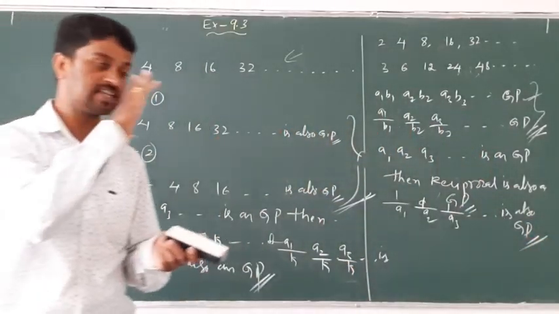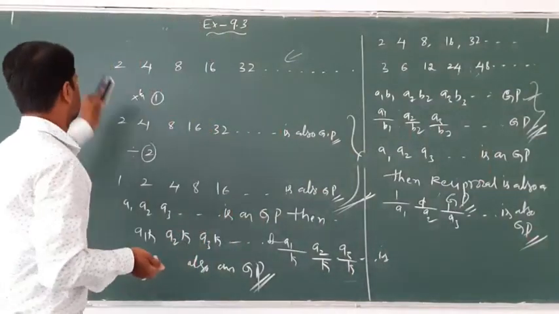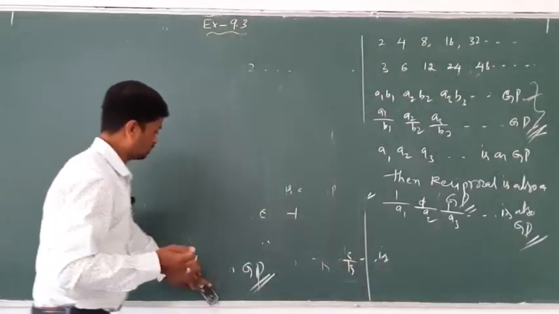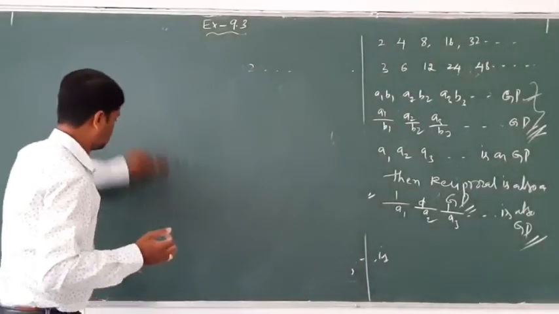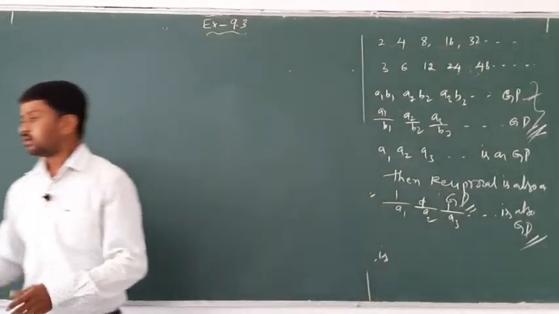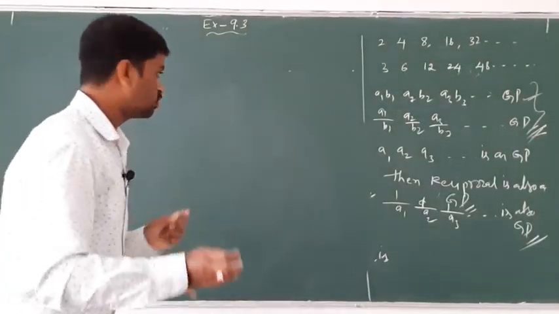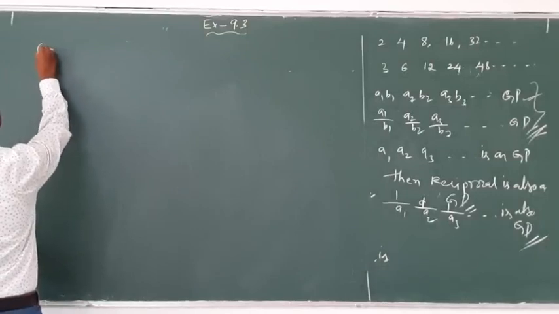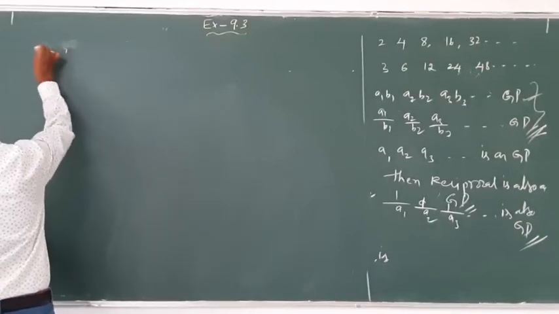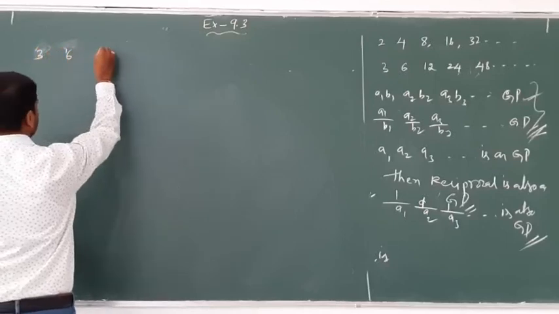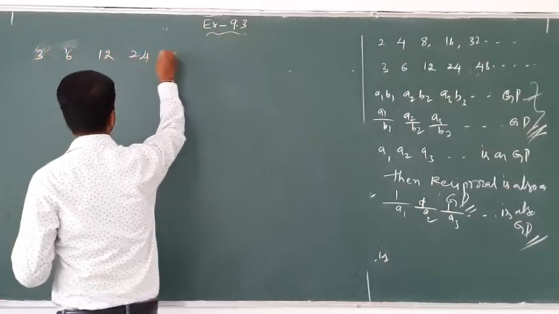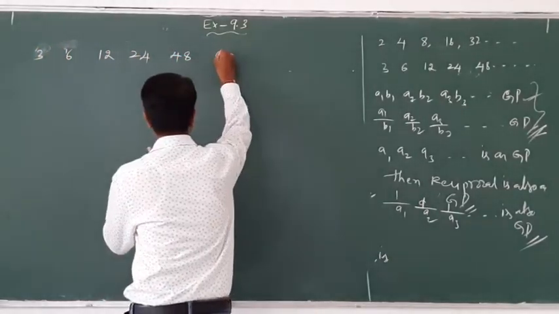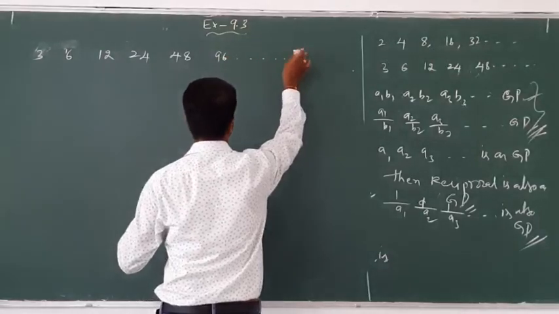Okay, the next one, the last point. Listen, I will take some example: 3, 6, 12, 24, 48, next 96, up to 96.